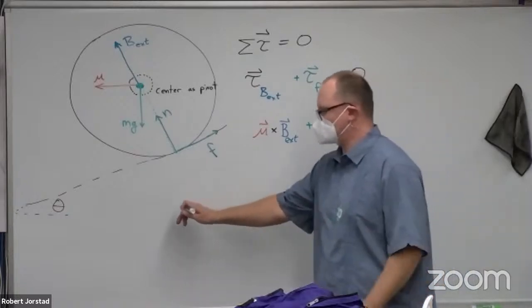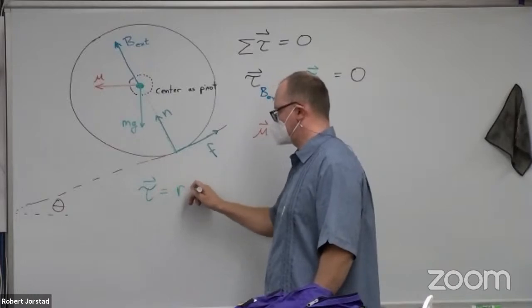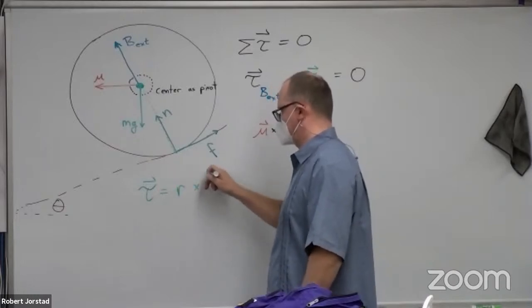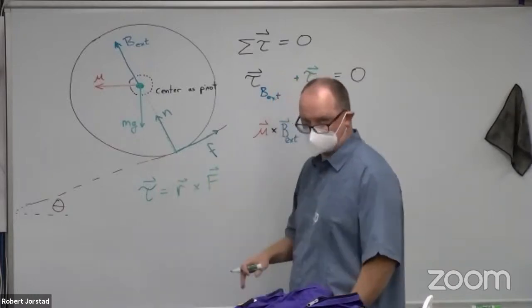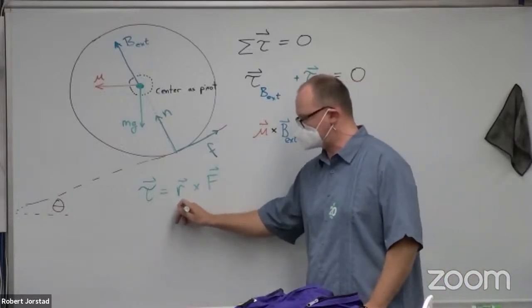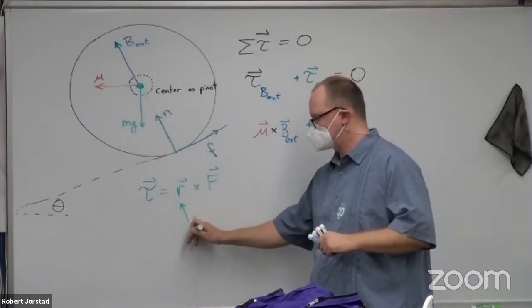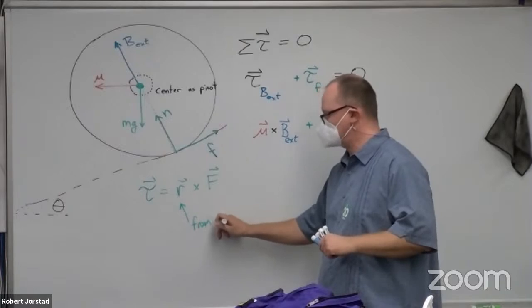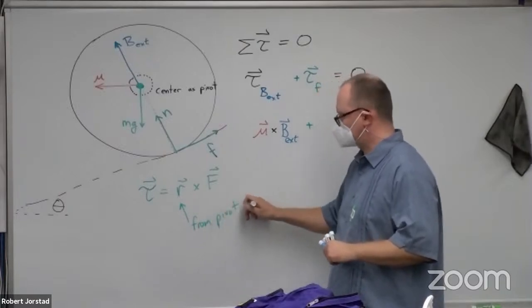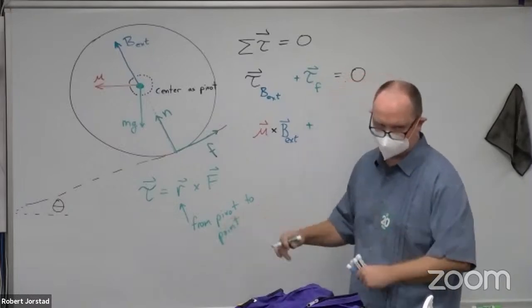What's the general expression for torque? R cross F. This looks great, but means nothing if you don't know what the symbols mean. So tell me what the symbol R means physically. From pivot to, I'll say, point where force is applied, because that's the words I like to use.